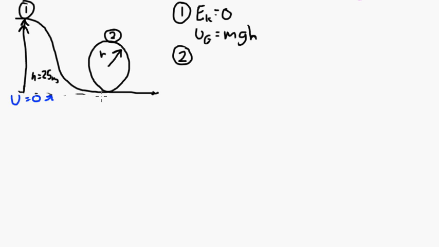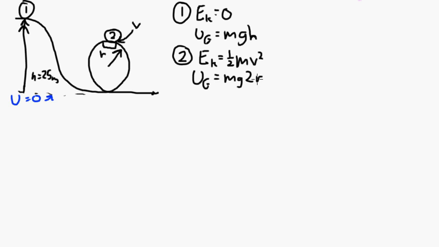At point 2, its kinetic energy equals 1/2 mv squared, so it's got some speed v here, and gravitational potential energy is going to be mg times 2 times the radius.